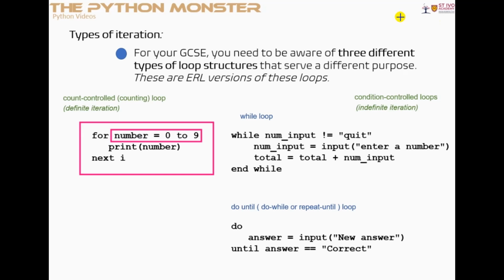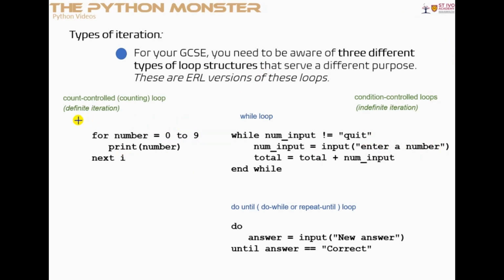Now this is a peculiarity of Python. What I'm describing to you here is a peculiarity of Python. So if we are asking the question, is number less than 9, what are we actually going to get printed if we ran this code in Python, do you think? What's going to be printed out? The answer to the question is that Python would print out 0 to 8 inclusive, but not 9.